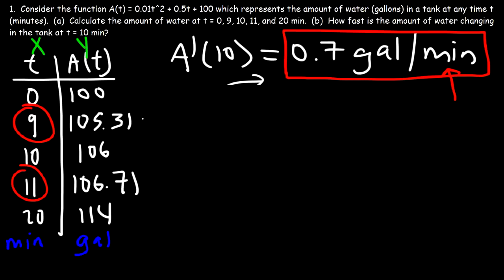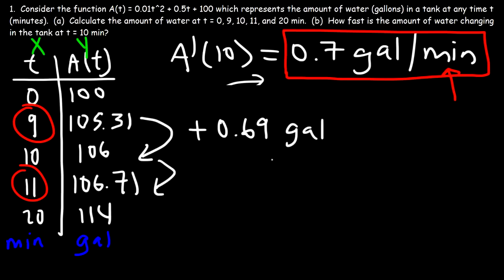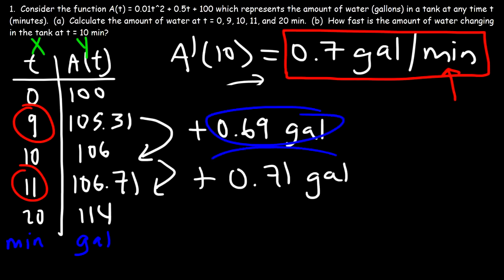And so looking at the table, going from 9 minutes to 10 minutes, in 1 minute, the increase in the amount of water was 0.69 gallons. And going from 10 to 11, or the next minute, the increase in the amount of water is 0.71 gallons. So if we were to average the changes from 9 to 10 and 10 to 11, it will give us 0.7 gallons per minute.